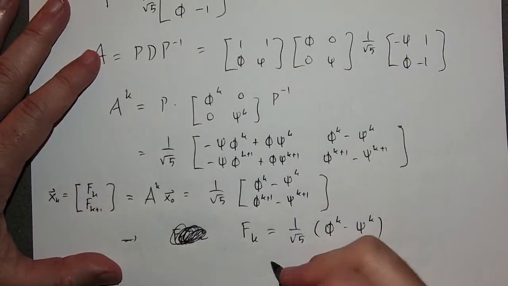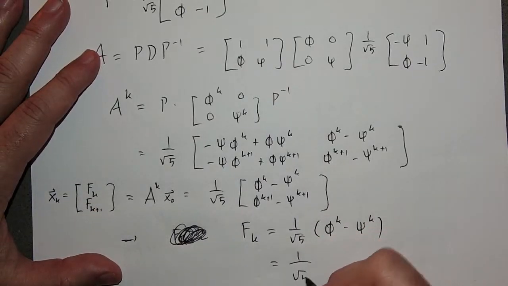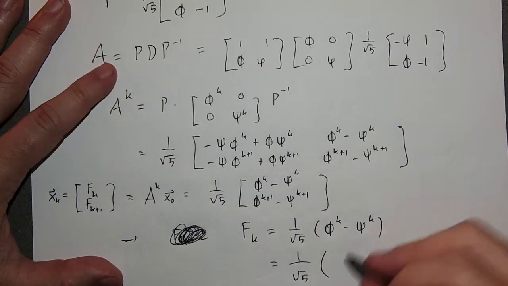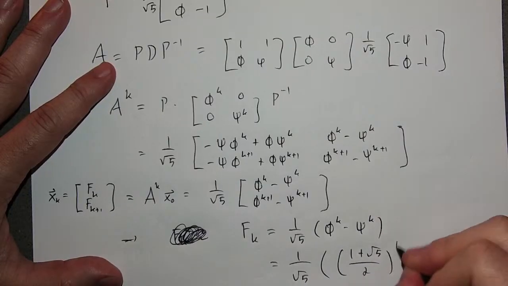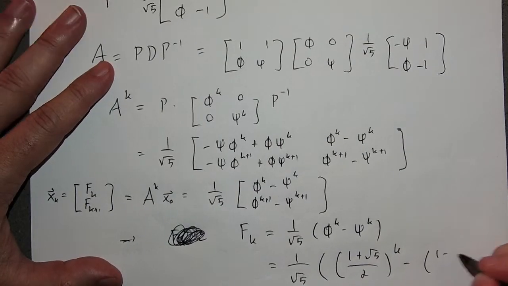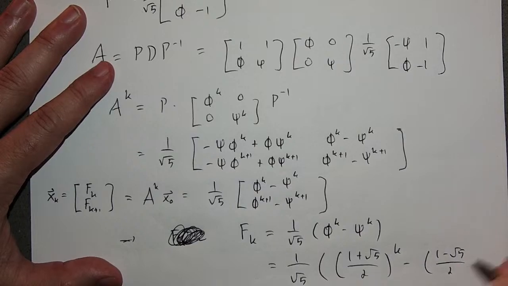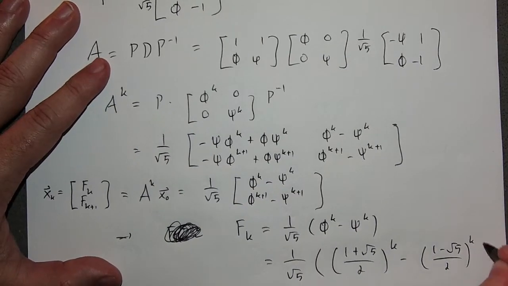If I actually write out what this is, 1 over root 5 times (1 plus square root of 5 over 2) to the k minus (1 minus square root of 5 over 2) to the k.